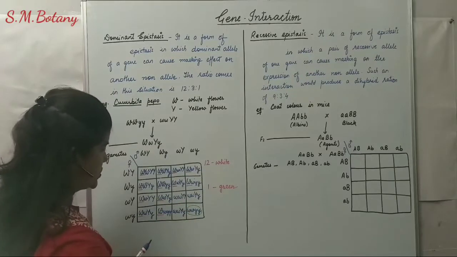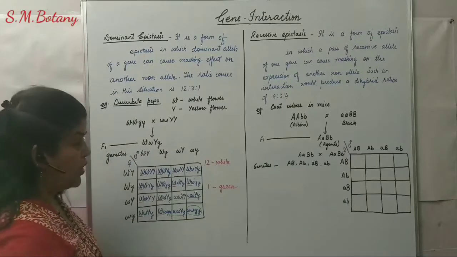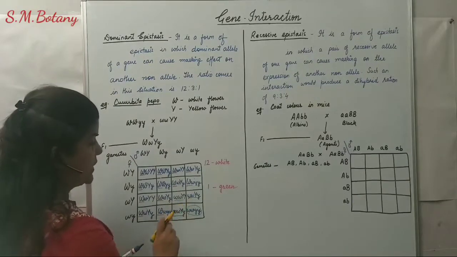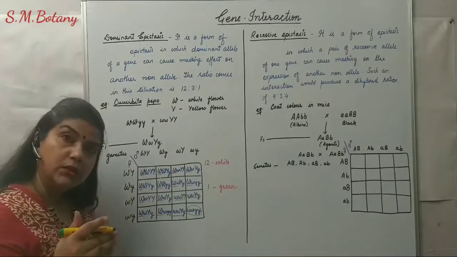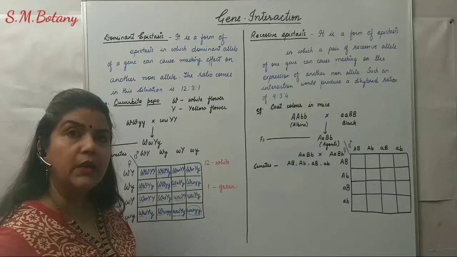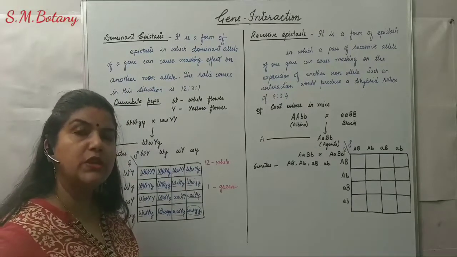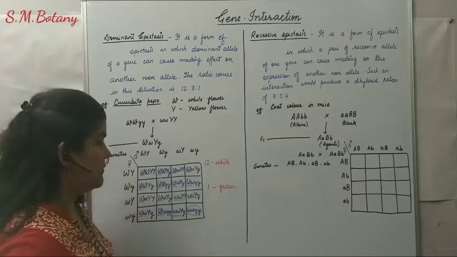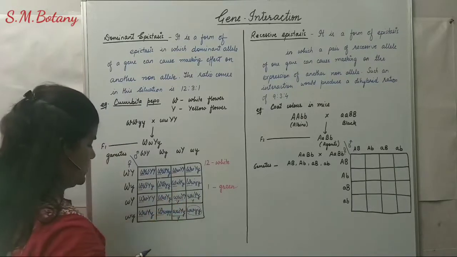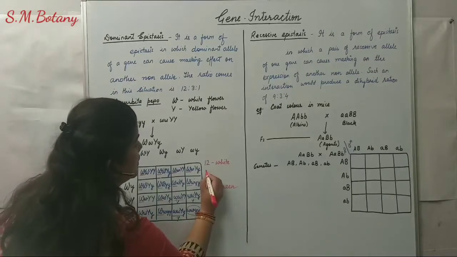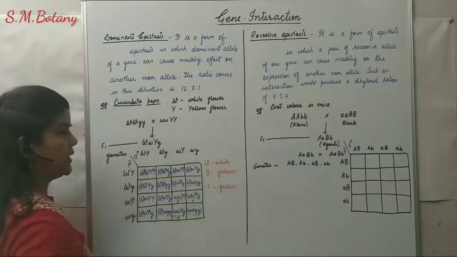These 3 show yellow color because they do not have capital W. They have capital Y. When the capital W is not present, the capital Y expresses itself. It means the hypostatic gene expresses itself. So it shows yellow color.